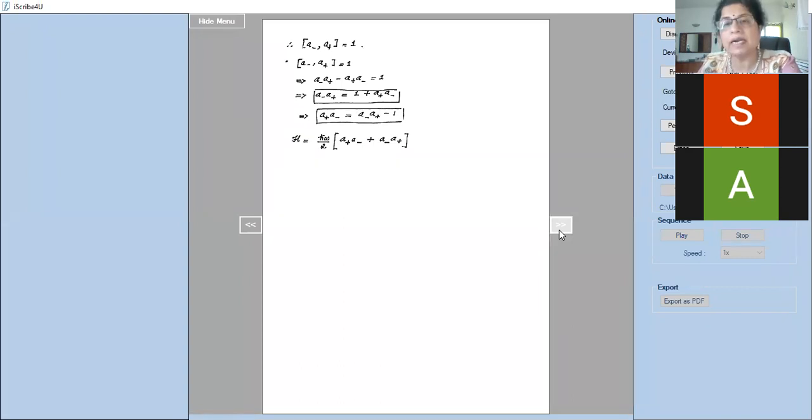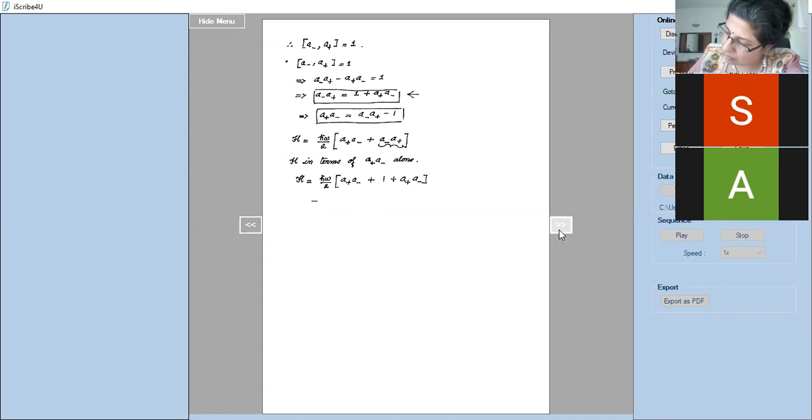Now what we can do is write the Hamiltonian completely in terms of a− a+, or completely in terms of a+ a−. So let's say the Hamiltonian in terms of a+ a− alone. We have H equal to ħω/2. We will keep this a+ a− as it is, but then this a− a+, we'll replace with this expression here, 1 + a+ a−.